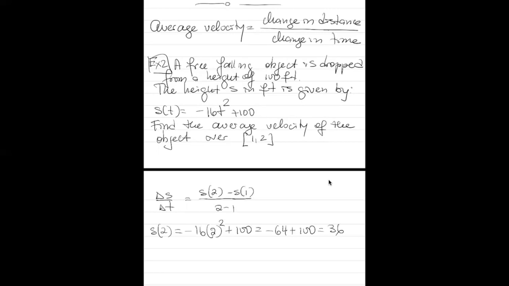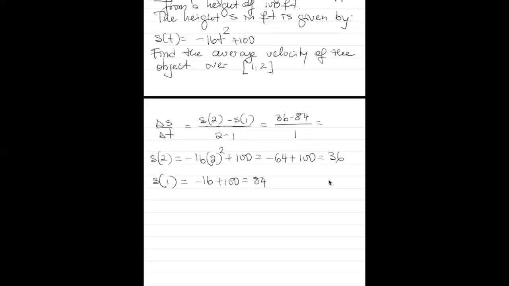Then S of 1 is negative 16 plus 100, which is 84. So we have 36 minus 84 over 1, which is negative 48 feet per second. This is the average velocity of the object.